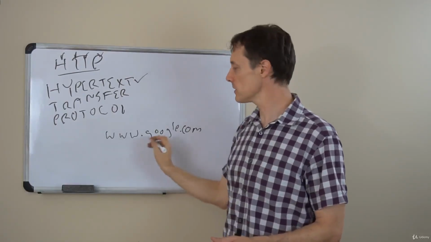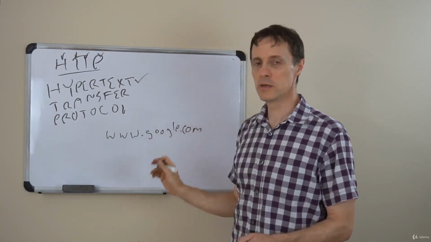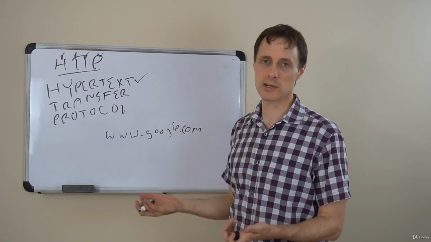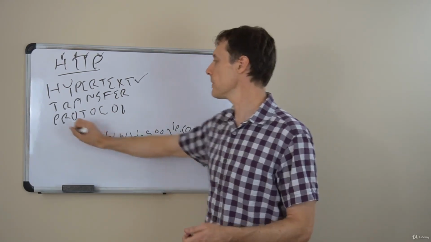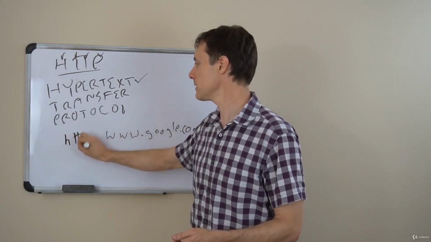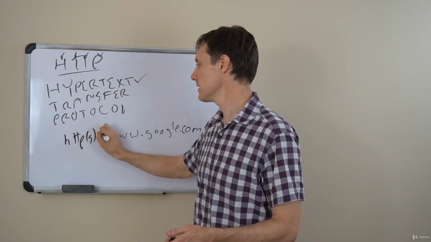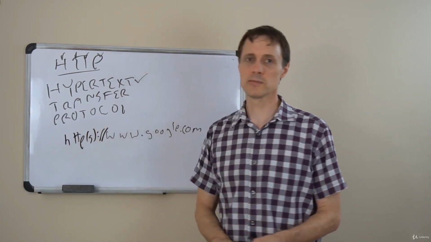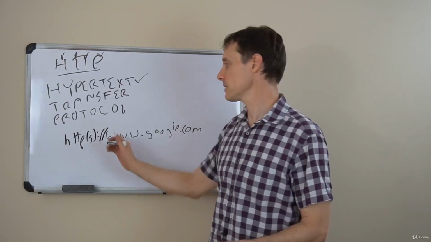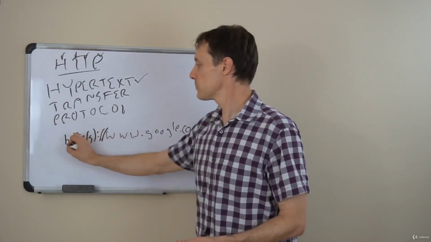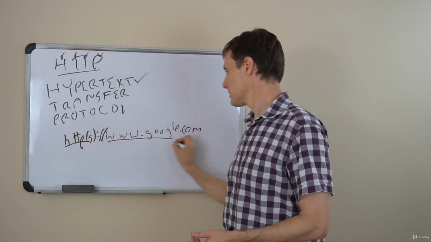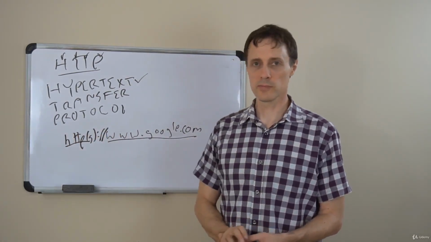So when you put in www.google.com into your search engine, Internet Explorer, or Firefox, or Chrome browser, then it automatically starts it with HTTP or HTTPS. S just means extra security encryption. Same thing, just extra security. This enables this to go to a Google computer.